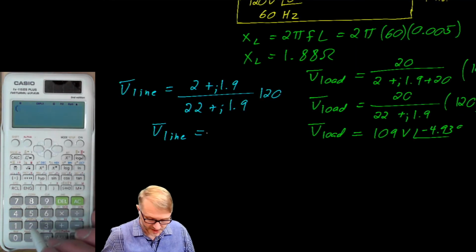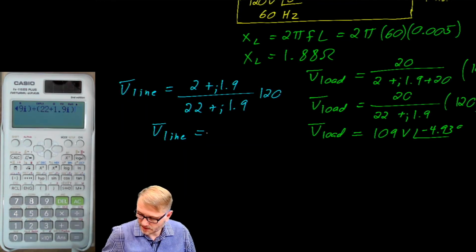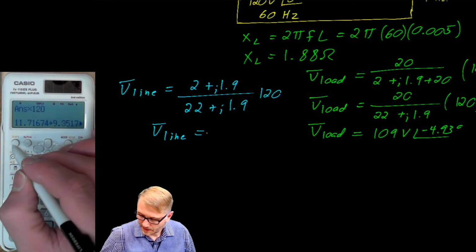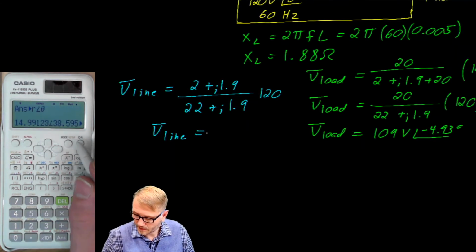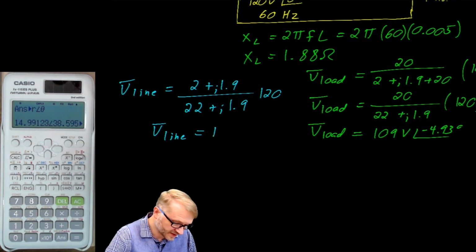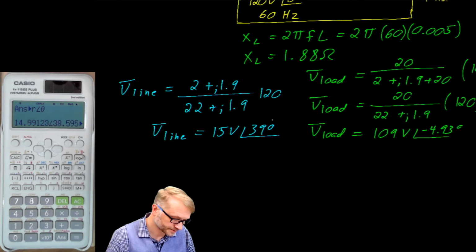So that's parenthesis 2 plus 1.9j close paren divided by parenthesis 22 plus 1.9j close, equals, times 120, and then we shift back into polar form. So that's about 15 volts at a phase angle of 39 degrees.